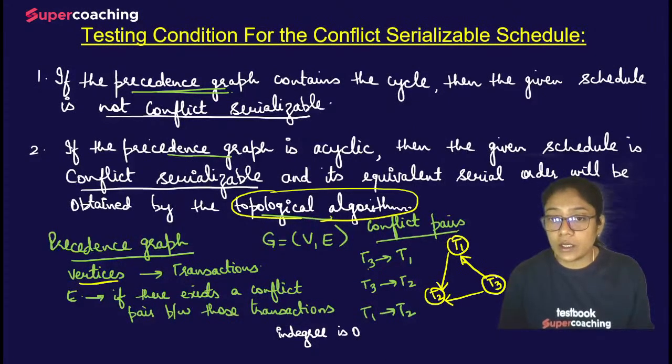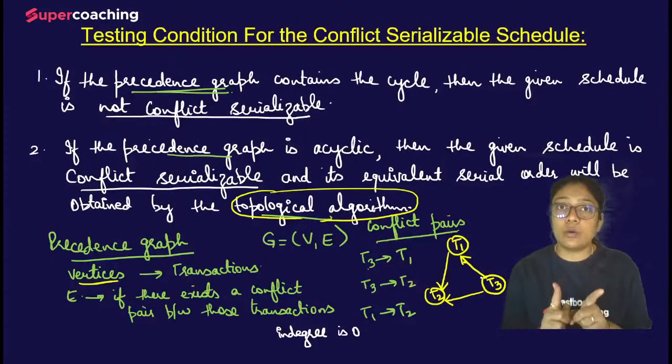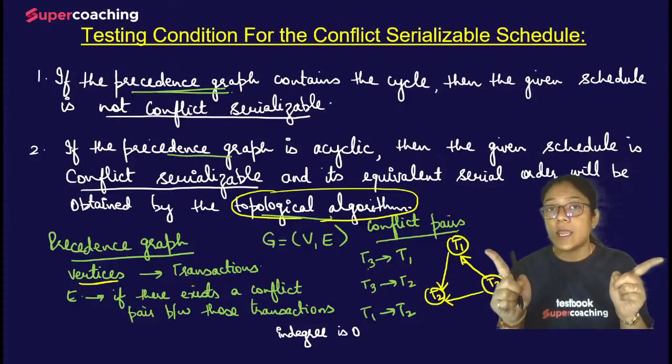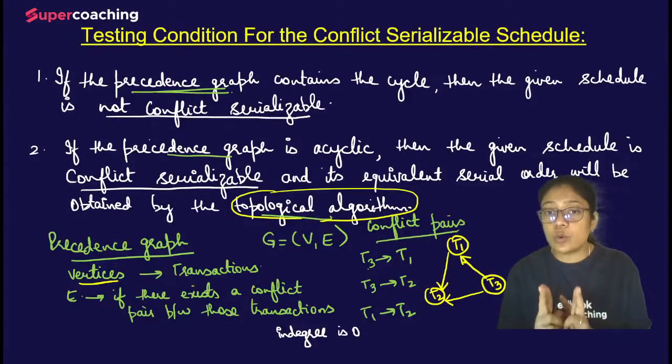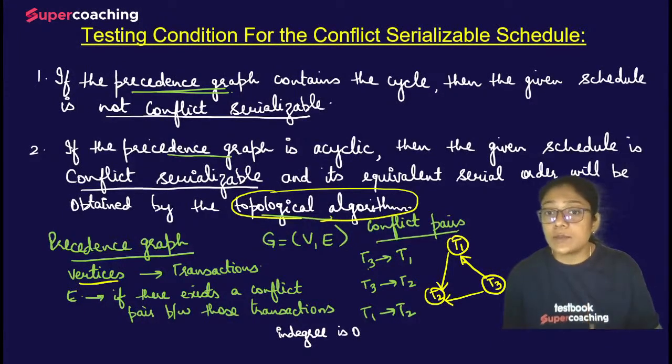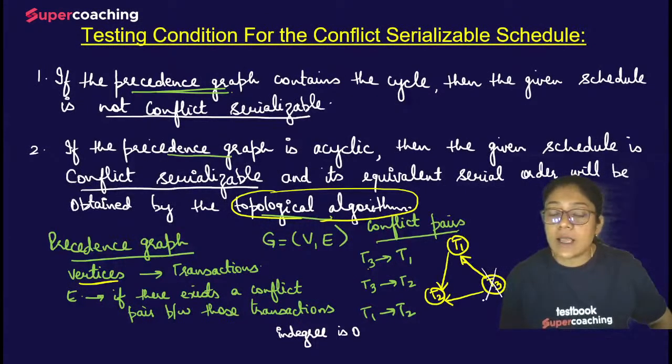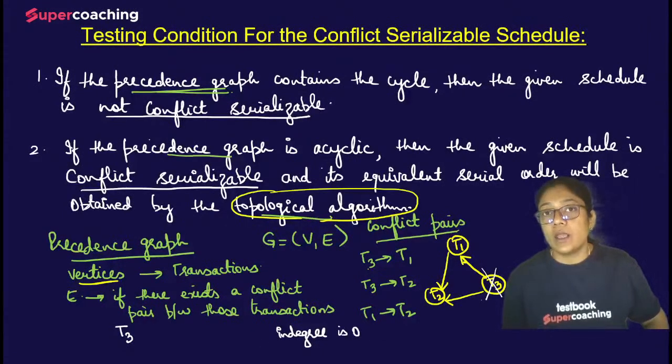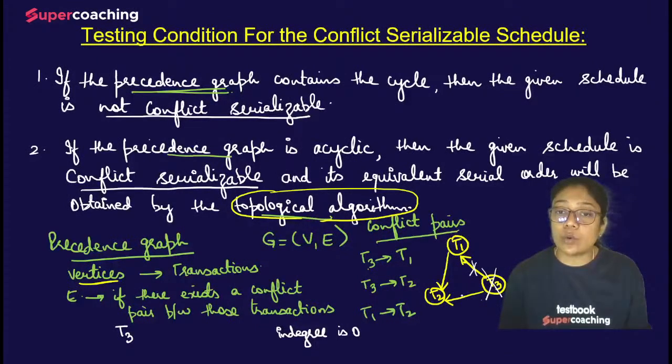If you observe here, T3 की तरफ से two edges are there which are going outside but there is no incoming edge. This means that the in degree for T3 is 0, right? So I can delete this vertex and note down in the result T3 along with the outgoing edges.